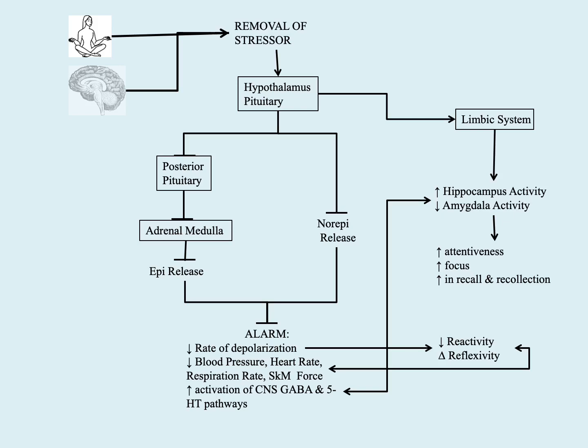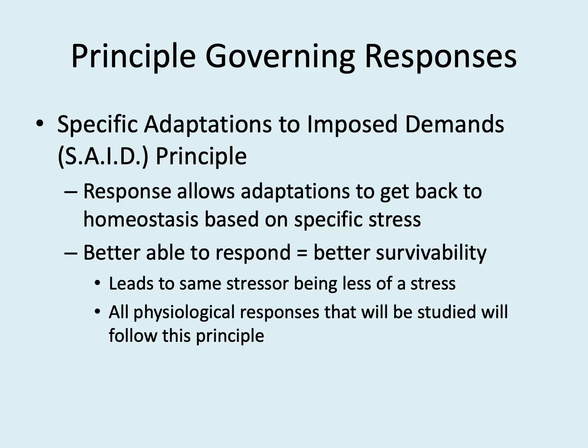When you can cognitively reduce the level of an external stimulus stress, you're able to appropriately respond to that stress, independent of the level of stress that is being placed on it. The way in which we're able to do this is governed by a physiological principle. The physiological principle that governs the responsiveness to stress is what's referred to as the specific adaptations to imposed demands.